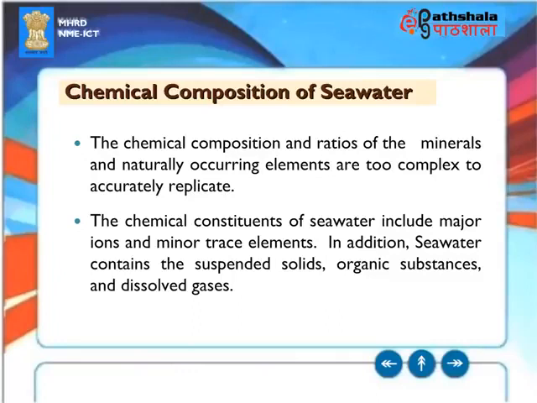The chemical composition and ratios of the minerals and naturally occurring elements are too complex to accurately replicate. The chemical constituents of seawater include major ions and minor trace elements. In addition, seawater contains suspended solids, organic substances, and dissolved gases.